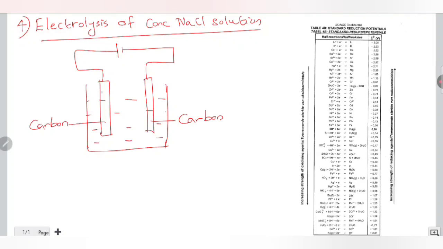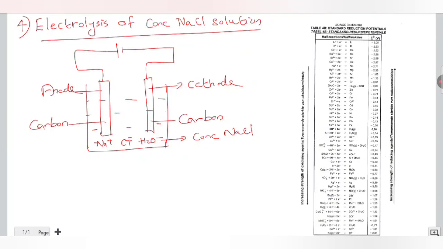Since I connected this to the positive, this is our anode and this is our cathode. Our solution is concentrated NaCl solution. So in the solution you have Na+, Cl- and H2O.